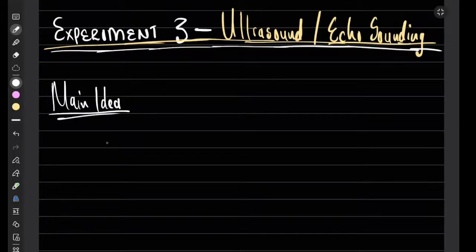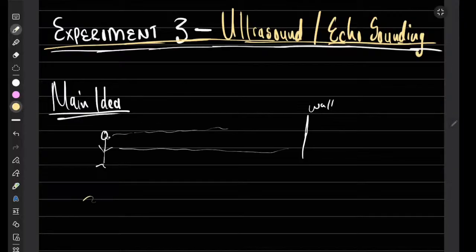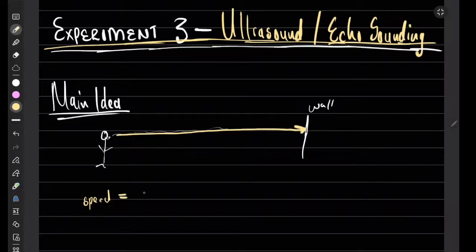You don't have to draw this. You shout, hey, it goes, hits the wall, and reflects back. So the speed will be equal to the distance divided by 2, because when you hear an echo, the sound has traveled to and from.